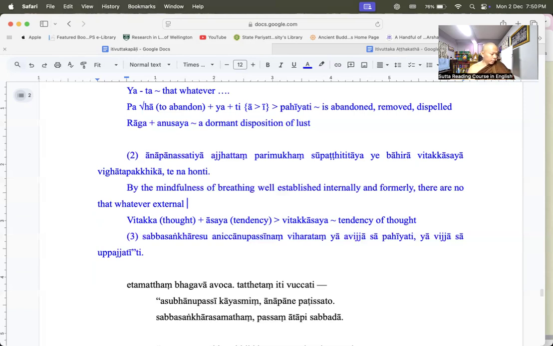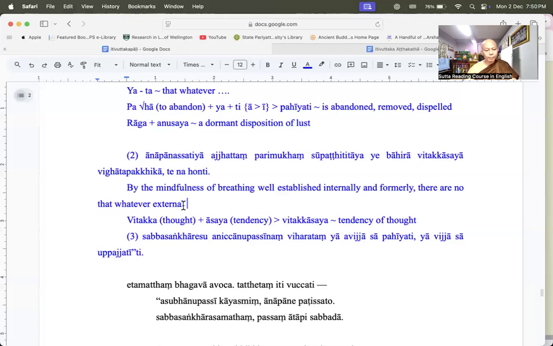In Burmese they say it according to this, the tendency of thought. Later, maybe in the commentary, that will also be included.